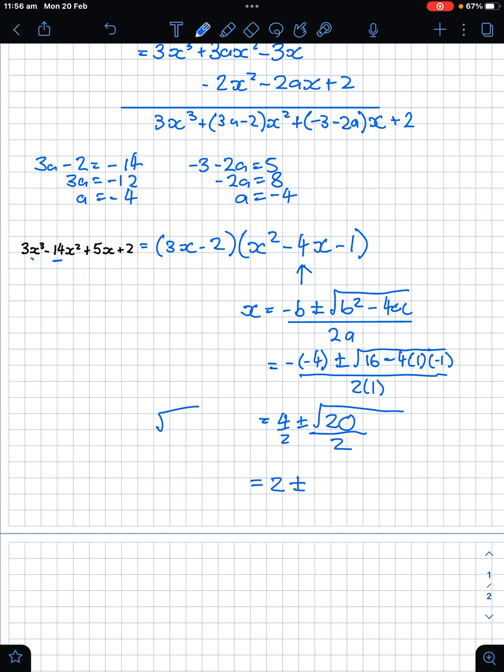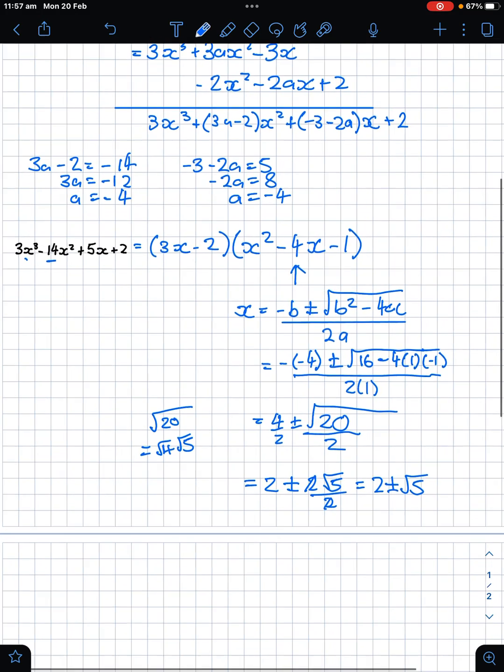I'm just going to do this over here. 20 is equal to square root of 4 and square root of 5. So if I do square root of 4, it's 2 root 5 over 2. They cancel out, and my answer is 2 plus or minus root 5. And that gives me my roots, which also gives me my factors.